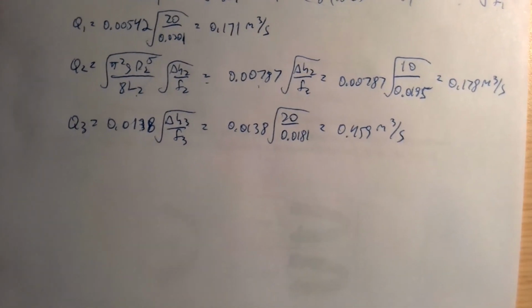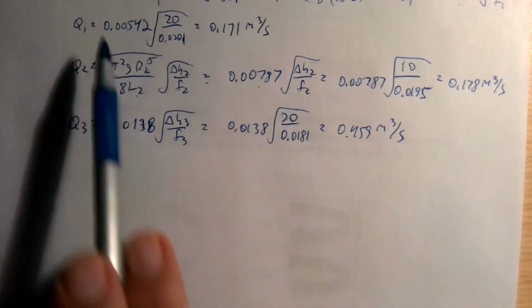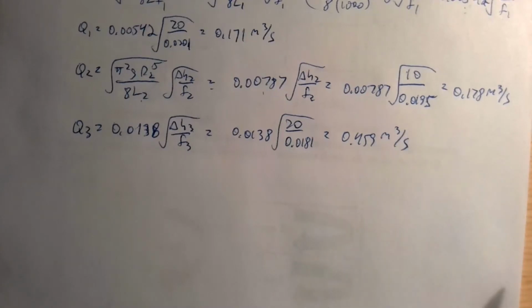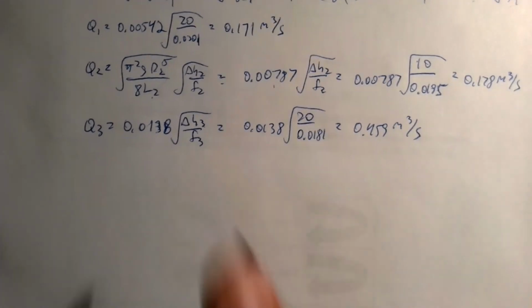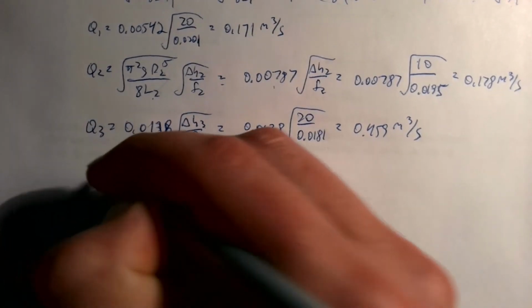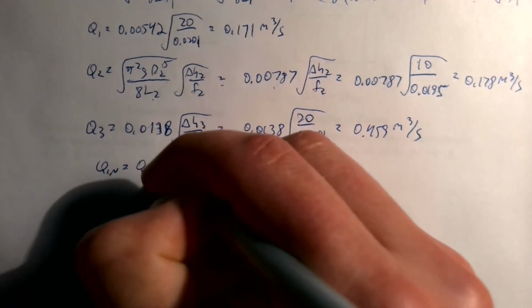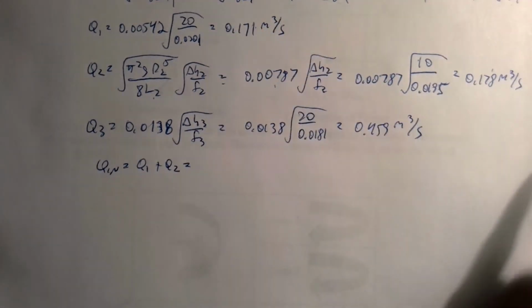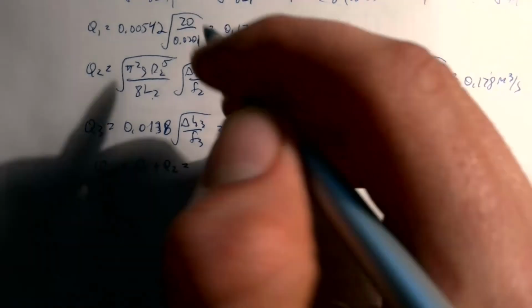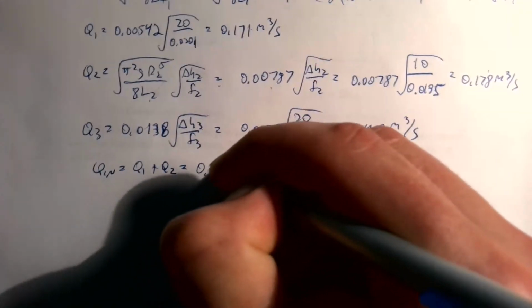All right, so for the initial value we guessed for HJ, we followed that through and found these are the three flow rates that have to come out if that guess is right. Now we need to check the closure. Q in is equal to Q1 plus Q2, and if I add those two together I get 0.349.